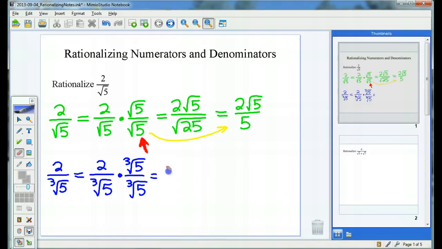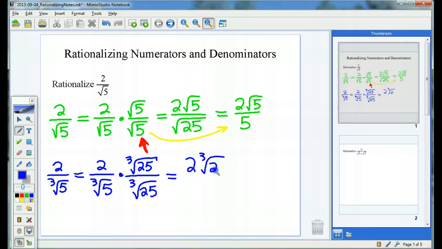In this case, because we're working with a cube root, the special form of 1 that we want to use is actually the cube root of 25, which is the square of 5, divided by the cube root of 25. So now in the numerator, we get 2 cube root of 25.